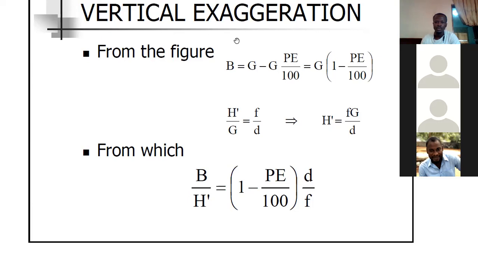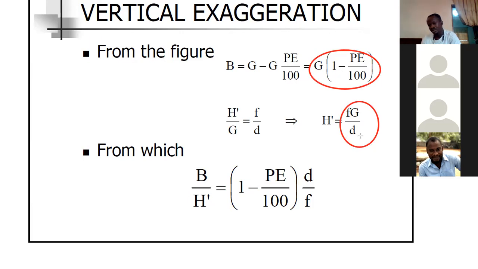I don't want to go proving this one again, but this whole thing here is B, and this is H. So B over H is equal to this divided by that.